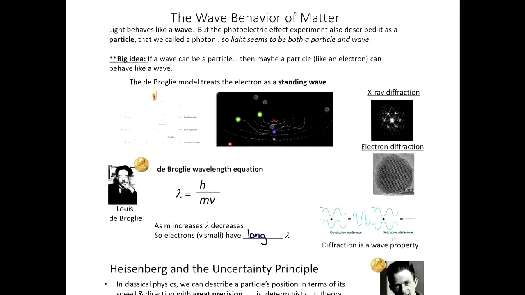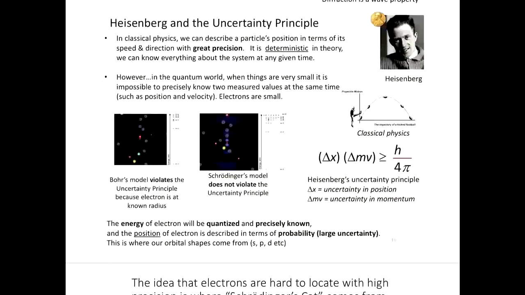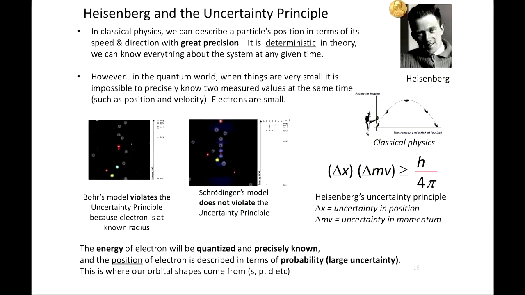Okay, so what is the issue with electrons being waves? We're kind of breaking down classical physics. Classical physics is fine enough for things that are big. But again, electrons are small. They have big de Broglie wavelengths that we can no longer ignore. So we need a new type of math to accommodate for it.